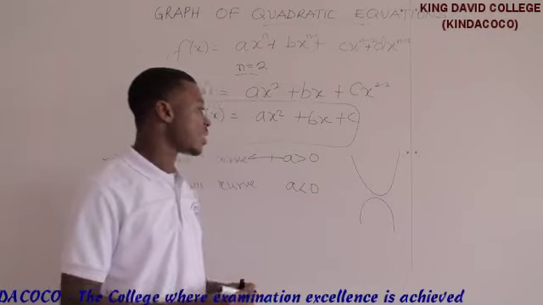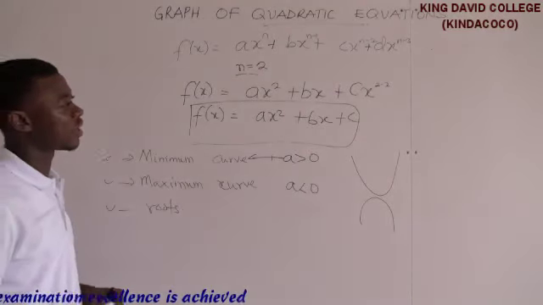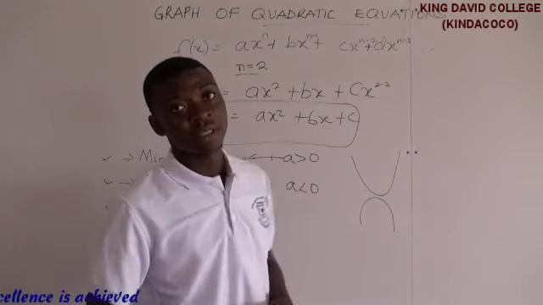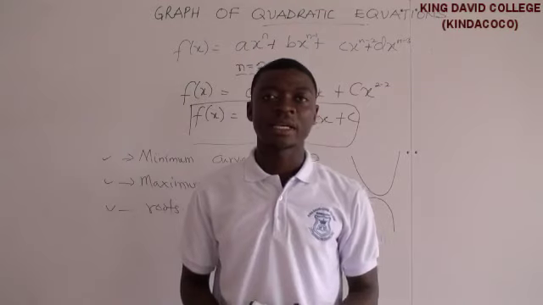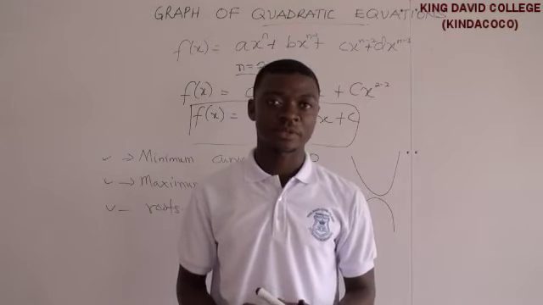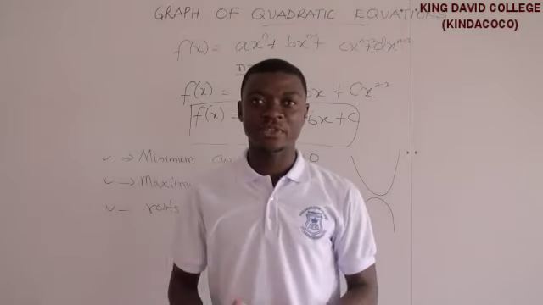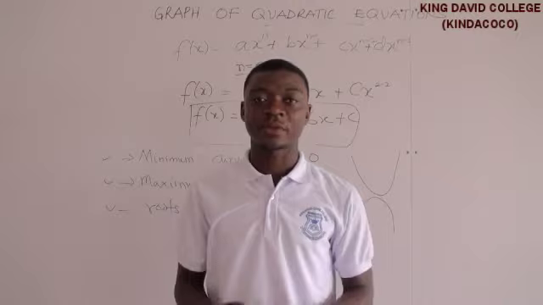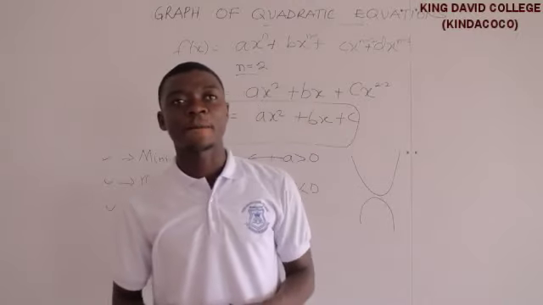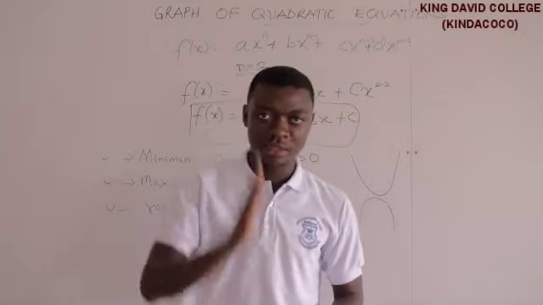Right. And also, because of the nature of quadratic equations, it exhibits some level of symmetry. So there is always a line of symmetry for a quadratic graph. It's just bilateral, only one line of symmetry.